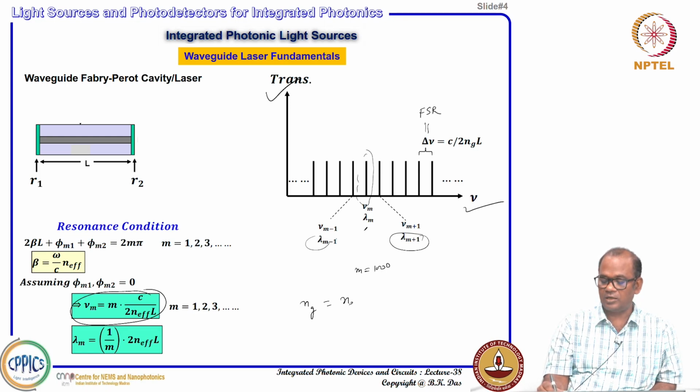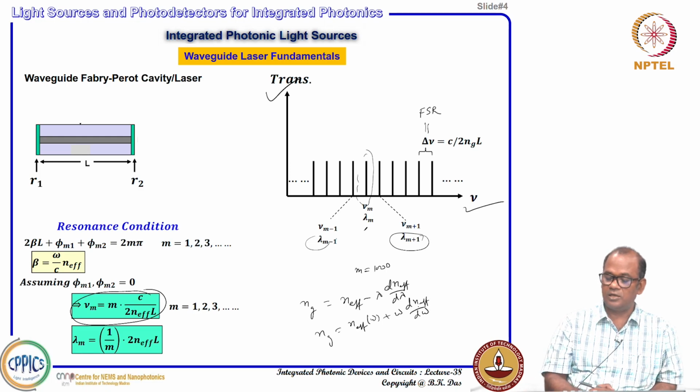We have shown earlier that if n effective is given in terms of lambda, you can write like this. Otherwise, if n effective is given in terms of frequency, then you can write omega d n effective by d omega. So, this is the group index. Depending on the group index, that means how much dispersion is involved in the waveguide, that decides the separation between longitudinal frequencies.